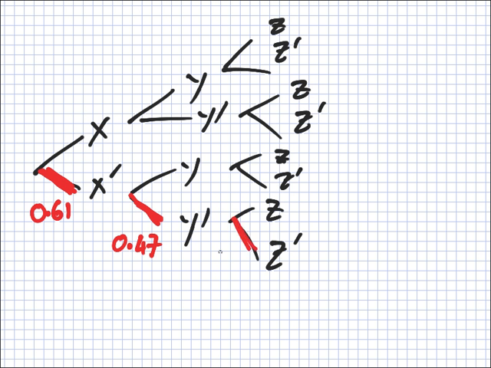And Z not happening? 0.92, if I look at the question. So it's just that times that times that gives us the answer here of no X, no Y, and no Z. That's all.